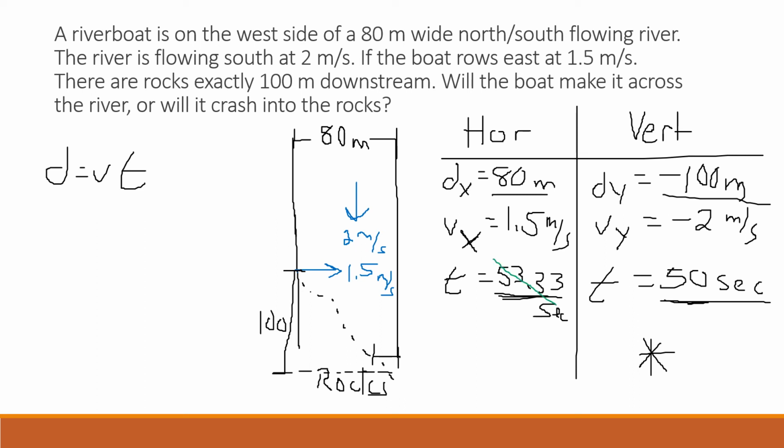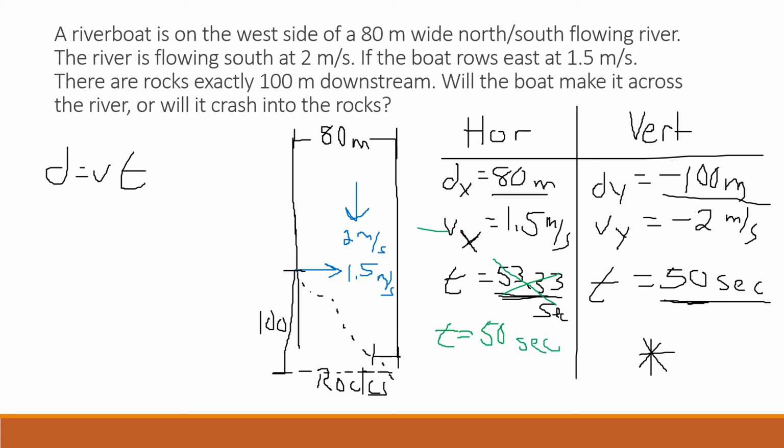It's not actually in the water for 53 seconds because once it hits the rocks, it stops. And I think that's a reasonable assumption that we can make, that once it hits the rocks or once it makes it across the river, it stops moving because now it's crashed. So it is only going to be moving horizontally for 50 seconds.